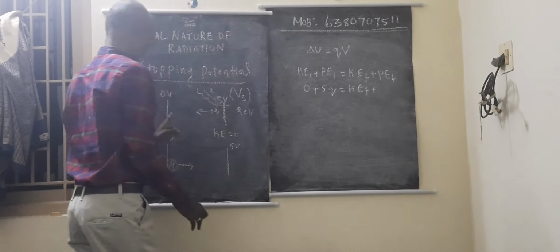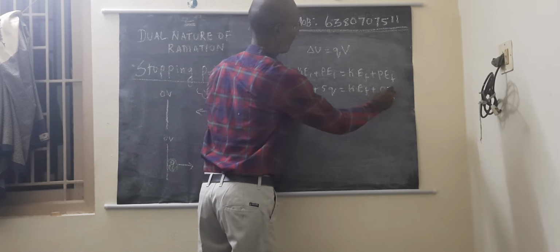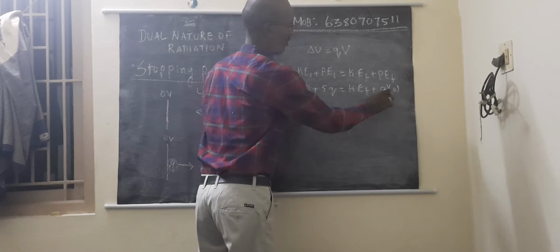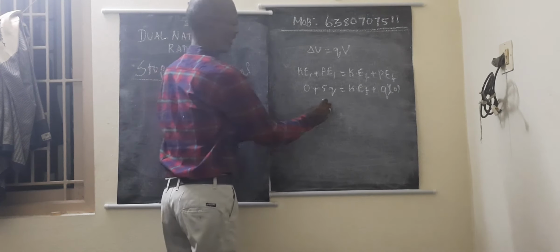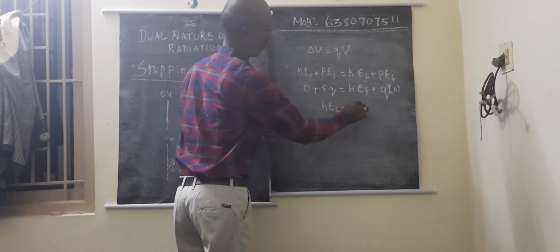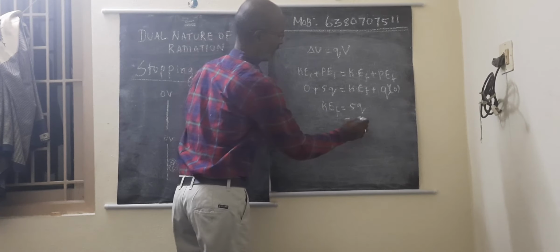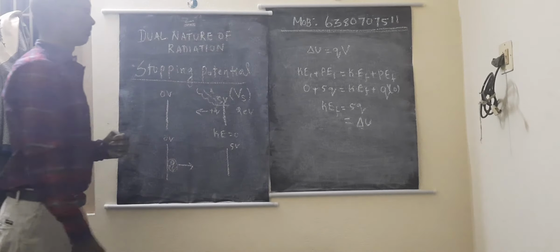Potential energy here is how much? 0 into Q, charge is Q and voltage is 0. So the kinetic energy final will be equal to 5Q, which is nothing but the initial potential energy.